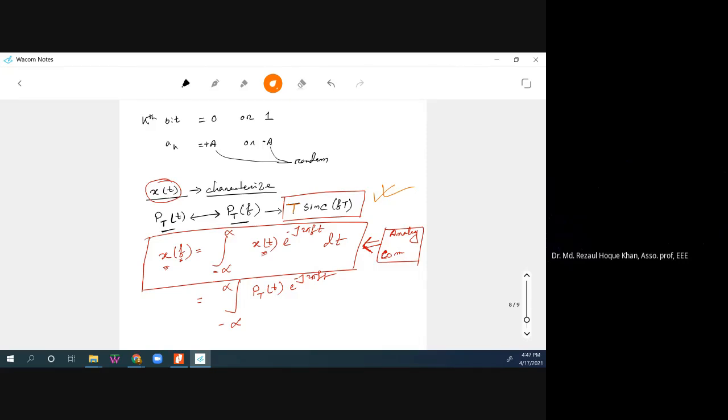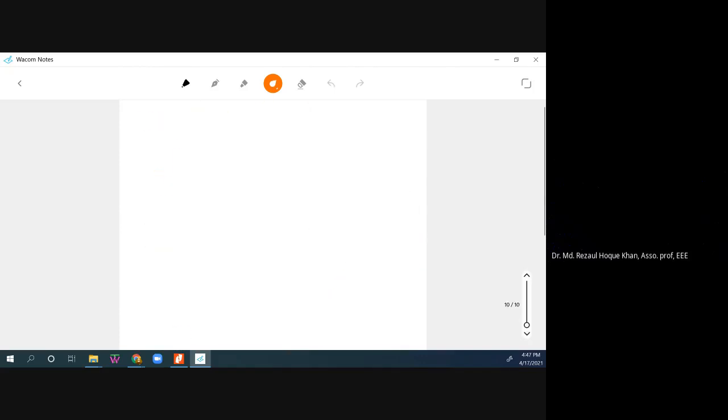Now, where are we now? So what is the average value of the AK signal? We can write it as the expected value of AK. What is the expected value of AK?